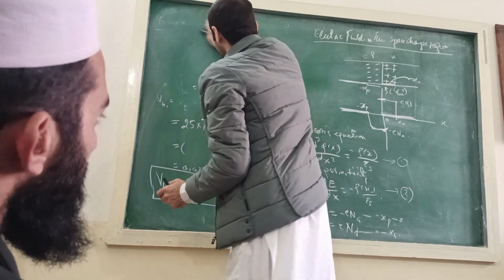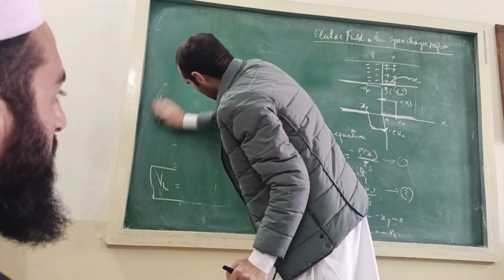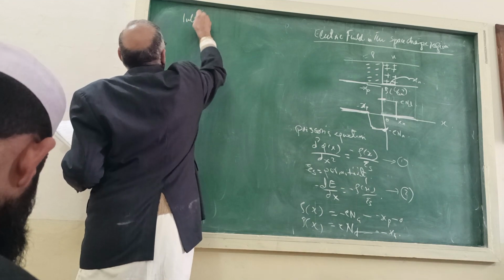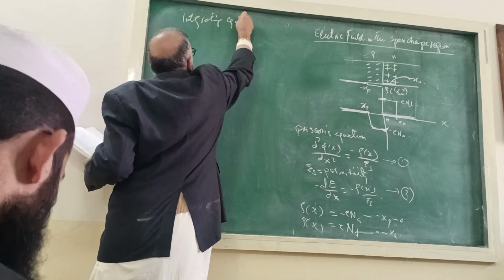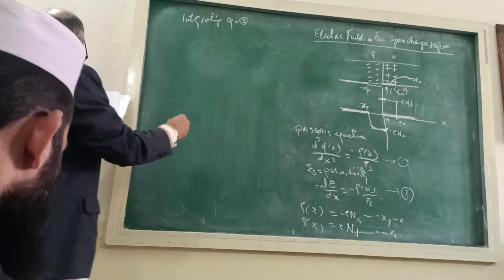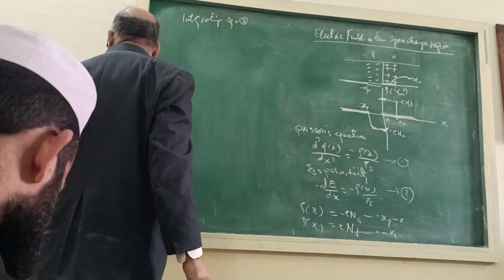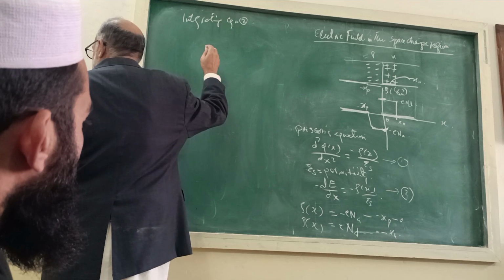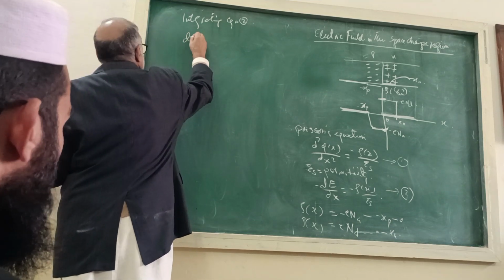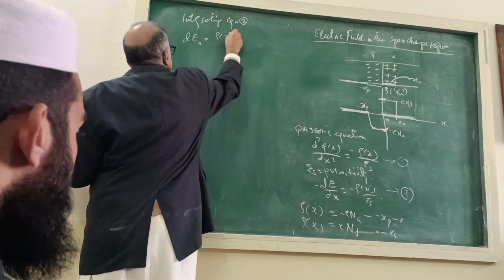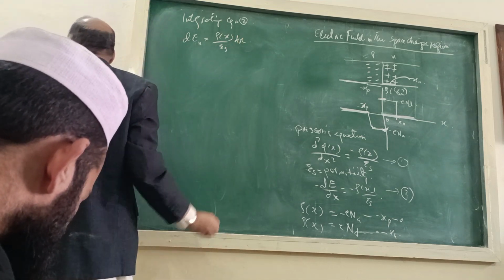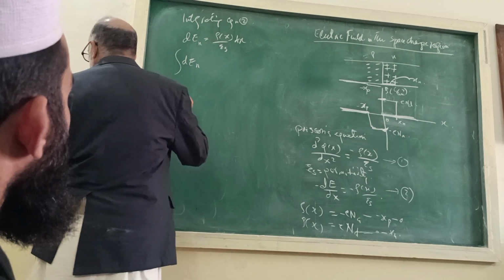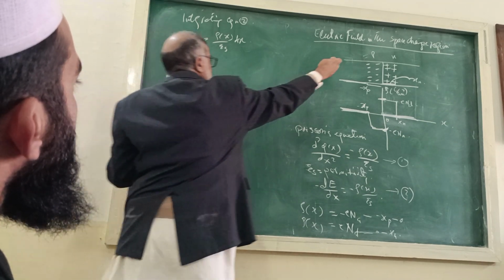So I can integrate equation number 2. Integrating equation 2, dE equals rho of x over Es dx. Suppose the field on the n boundary here is En, and 0 here.